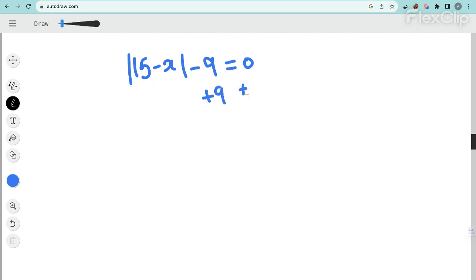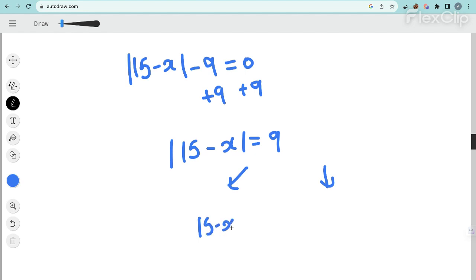In this case, that's really easy. It's just 15 minus x. Now what you do is that since this is an absolute value, you have to solve two equations. The first one, the value on the other side is negative. The other one, the value on the other side is positive, since there's an absolute value.